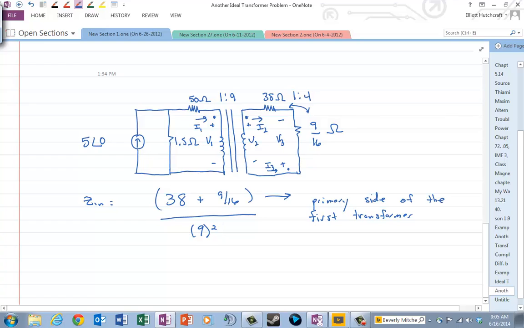I'll call this Zn prime. So Zn prime should be right there.